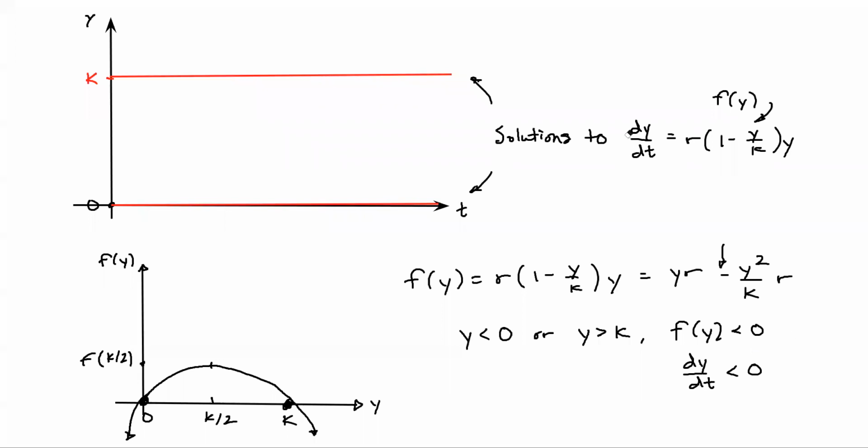How does that help in terms of graphing it? Well, if this graph is y versus t, then dy dt is going to be a slope on this graph. And so what this is telling us is that the slopes are going to be negative when we have y less than 0 or y greater than k.